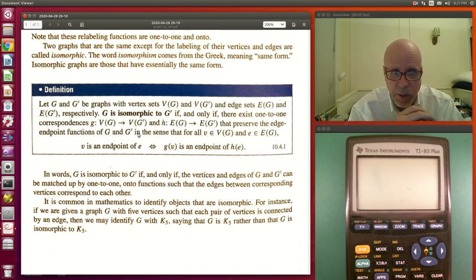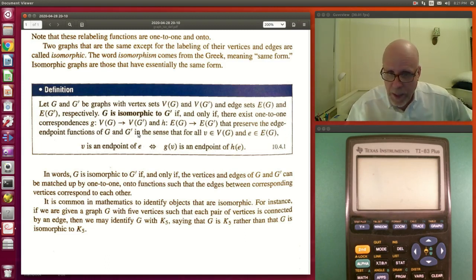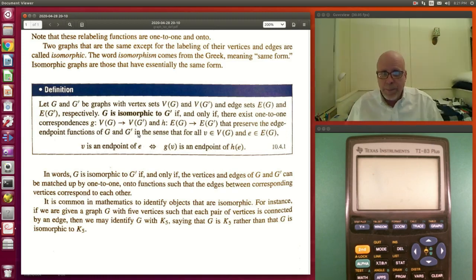These are functions, right? But they've said something a little better here: they're one-to-one correspondences. That's because they're functions that send one thing to exactly one other thing. They're particularly nice that way, whereas in a generic function that doesn't have to happen.